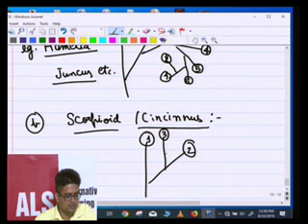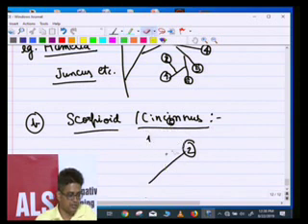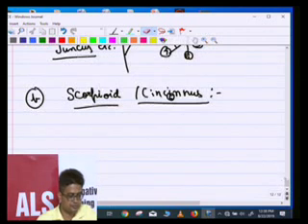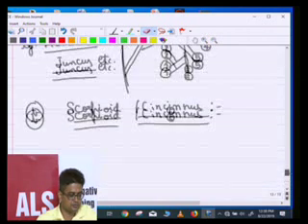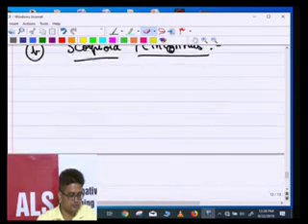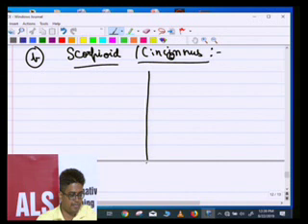Then there is the fourth flower, then the fifth flower. I'll draw it on the next page. It's a bit congested here. Okay, scorpioid or cincinus. First flower is here.